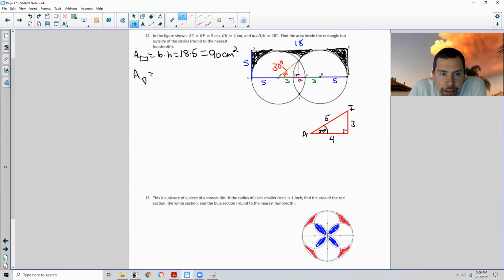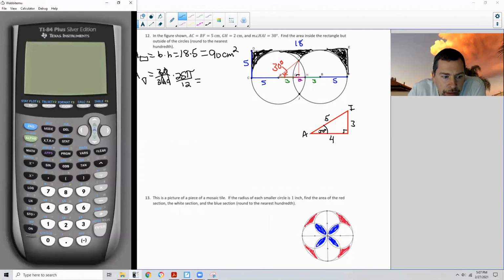Area of the sector is going to equal the central angle divided by 360 times pi r squared, and r is 5, so that'd be 25 pi. This will reduce. This will become 1/12. So that's going to become 25 pi over 12. And I put that in my calculator.